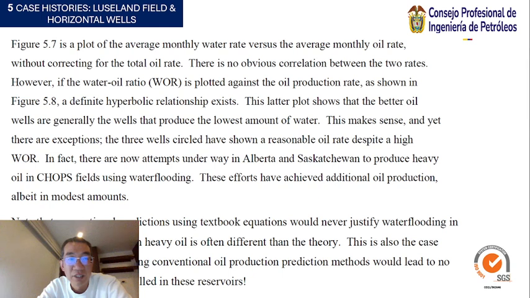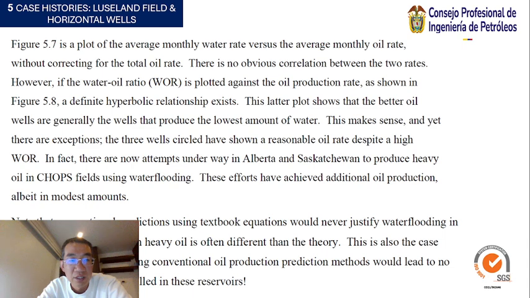In fact, there are now attempts underway in Alberta and Saskatchewan to produce heavy oil in CHOPS fields using water flooding. These efforts have achieved additional oil production, albeit in modest amounts.